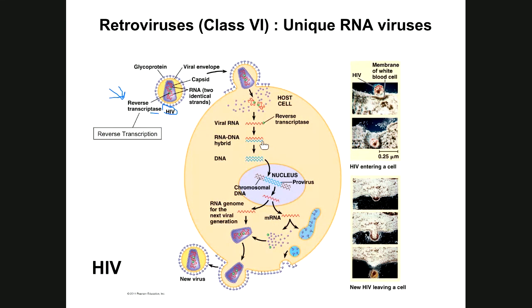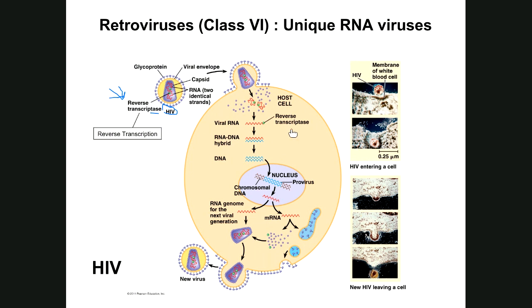Once this enzyme reverse transcriptase has taken the viral single-stranded RNA and reverse transcribed it into single-stranded viral DNA, it then hands it over to the host cell so that the host cell's own DNA polymerases can replicate the complementary strand.